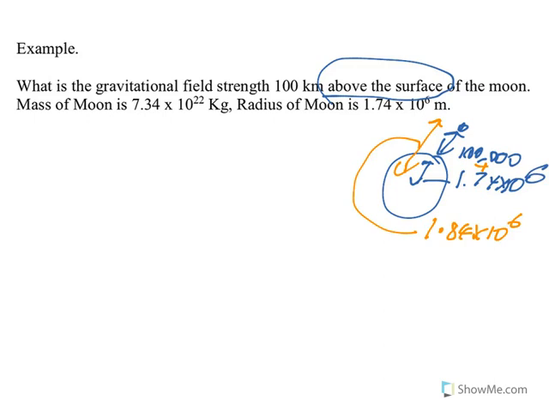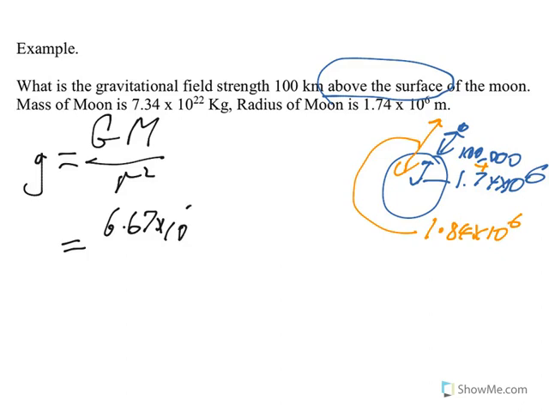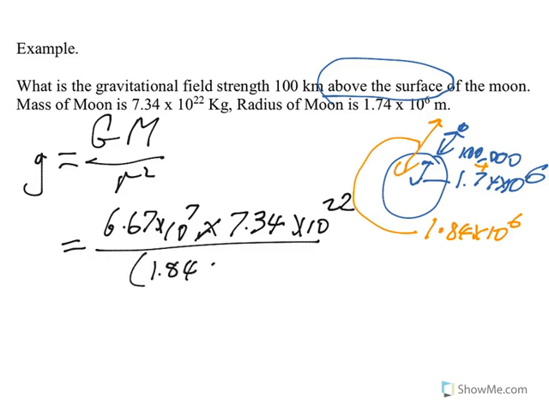Alright, so our gravitational field is big G, big M over R squared. So big G, universal gravitational constant, 6.67 by 10 to the minus 11, times the mass of the moon in this case, so the big central body, 7.34 by 10 to the 22, over 1.84 by 10 to the 6 squared.